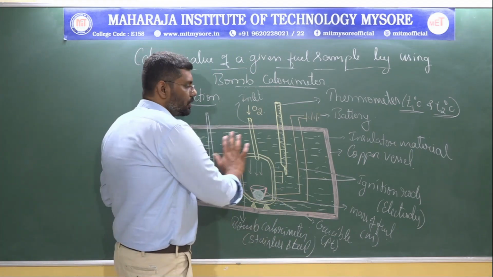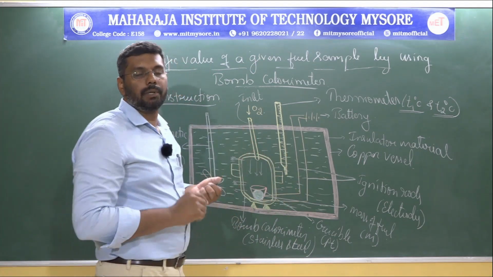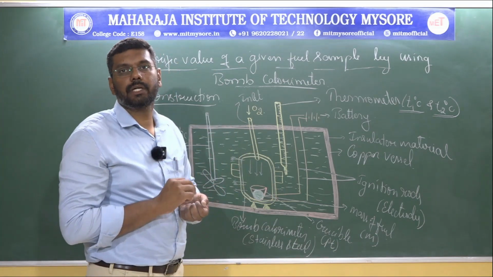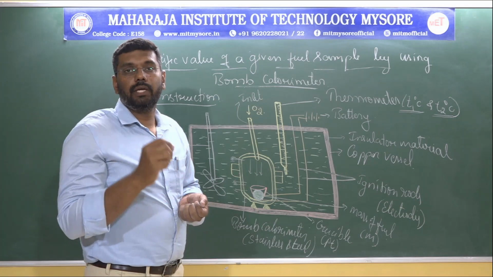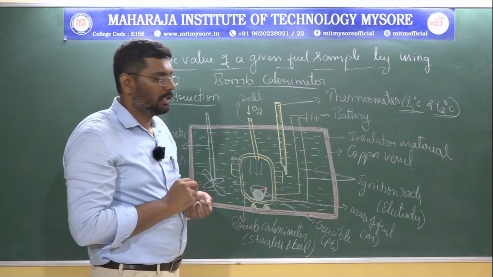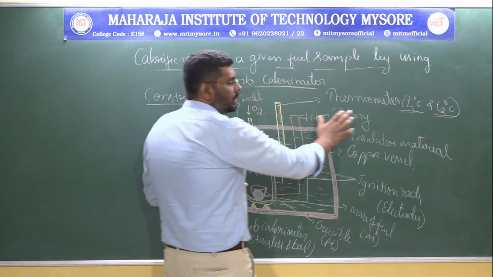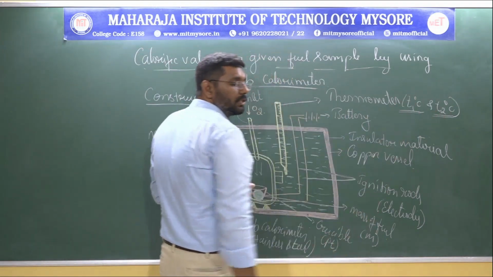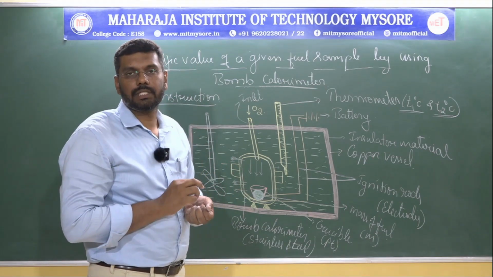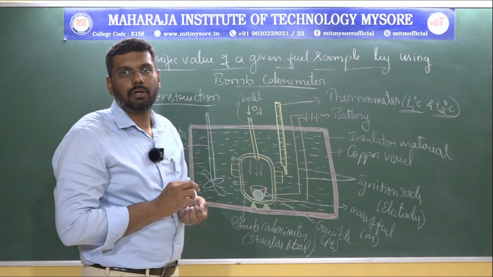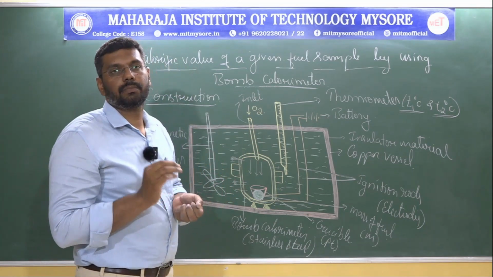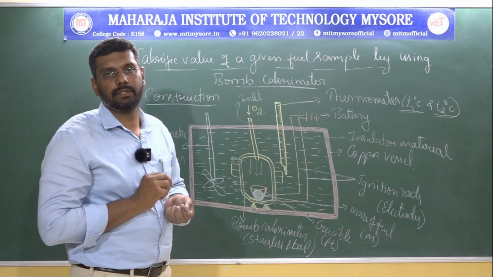We know the mass of the water filled into the bomb calorimeter, which we initially weigh and then pour into the copper container. We also know the initial temperature and the final temperature after complete ignition of the fuel present inside the crucible. By considering all these things, it is very easy to determine the GCV and NCV.